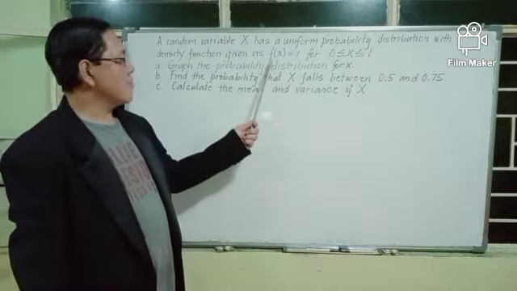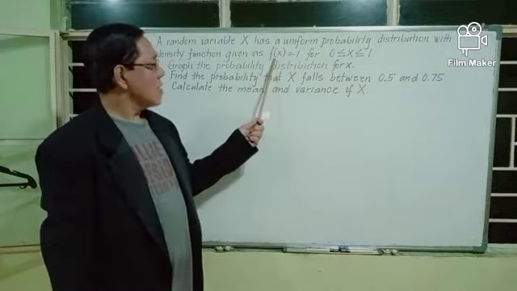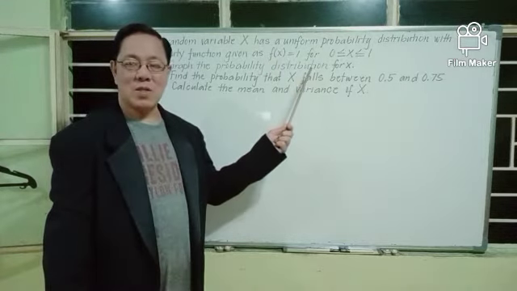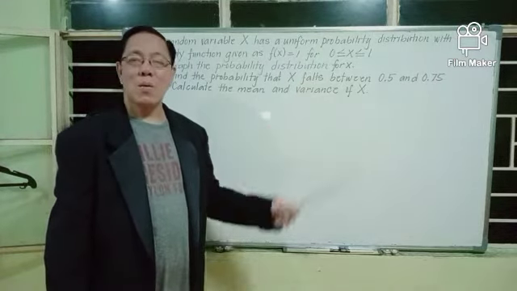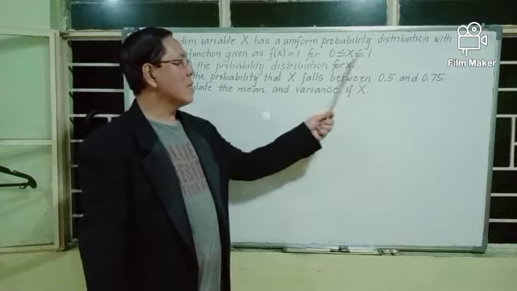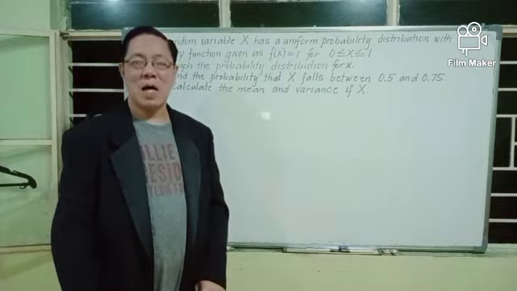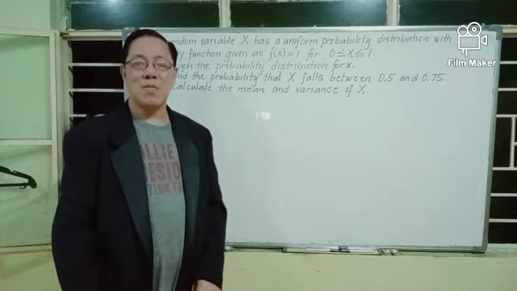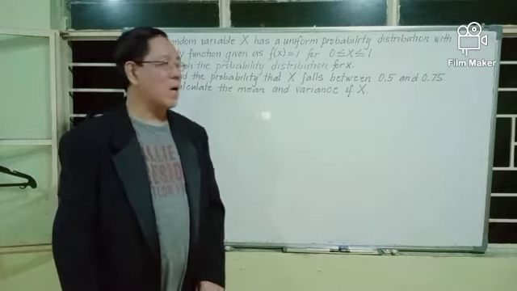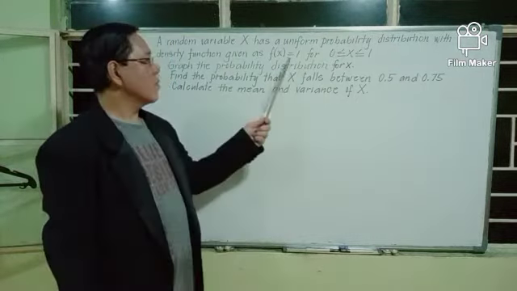The density function for the continuous random variable x, f of x, is equal to 1, which is equal to 1 over b minus a, where b is 1 and a is 0. So if you make use of that formula, f of x equals 1 over b minus a, you will get 1 over 1 minus 0, or 1 over 1, which is 1.